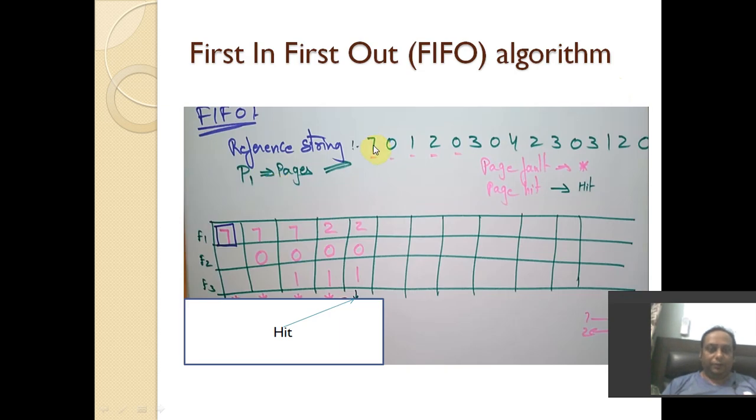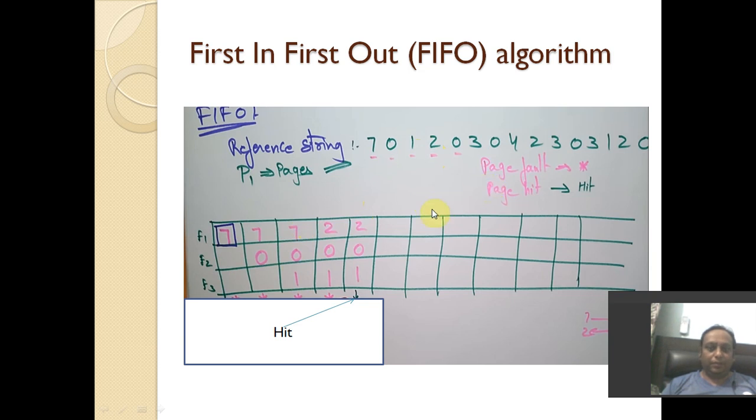First, 7 will be entered into the memory, into F1. After that 0 will be entered, 7 will continue, and 0 will be entered into the next frame. Third is 1, so 1 will be entered into the frame. Now the next is 2. Each time a new entry is made, that is called a page fault.